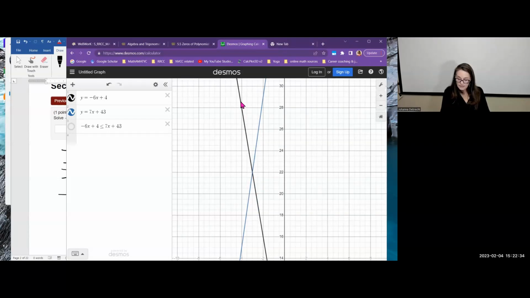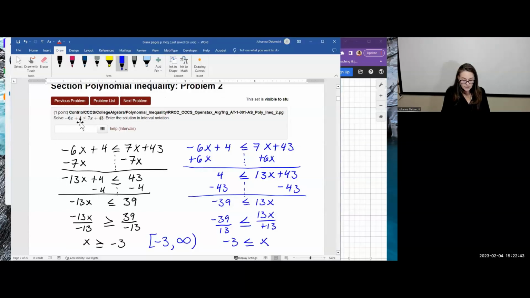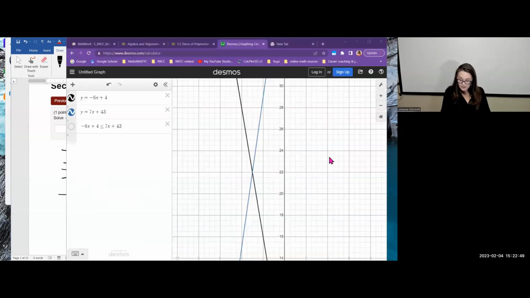Well, over here, I can see that I've got black and I've got blue. So I want the black to be lower than the blue. I think that's correct, right? Negative 6x plus 4 less than or equal to 7x plus 43. So I need this to be lower. Right here, it's not lower, it's above. So that's the wrong region. But here I've got the blue above the black, and they're separated really far apart.